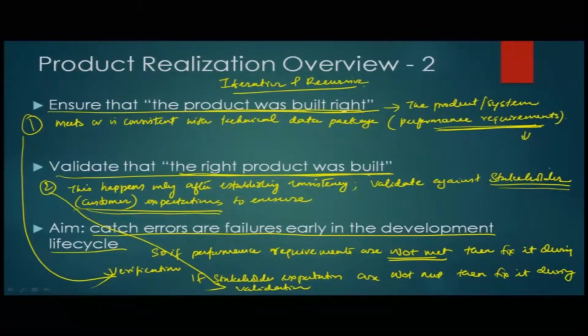So then you go back and revisit and redo the stuff, so that you come up with something else that still meets the performance requirements, so that you can satisfy the customer or stakeholder expectations. So this iterative and recursive process together ensures that the system works in the way it is supposed to work.